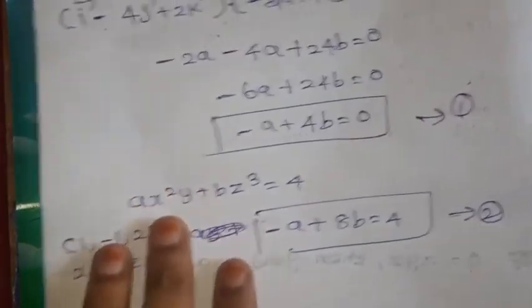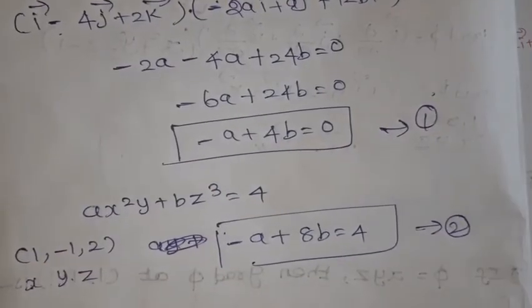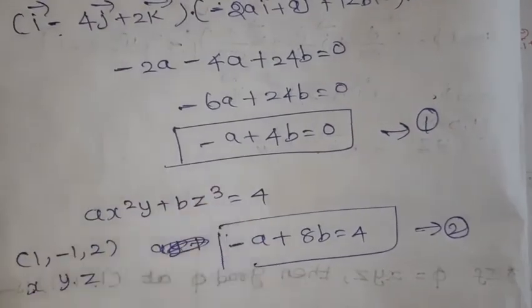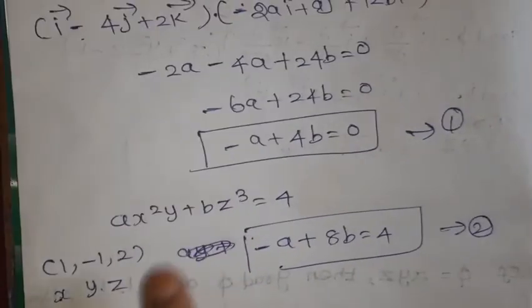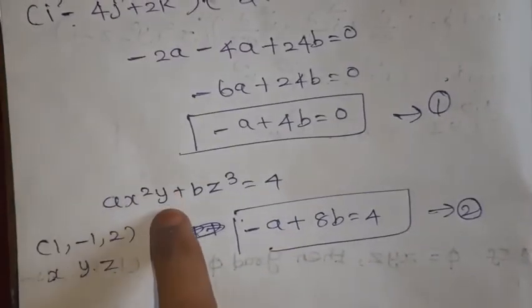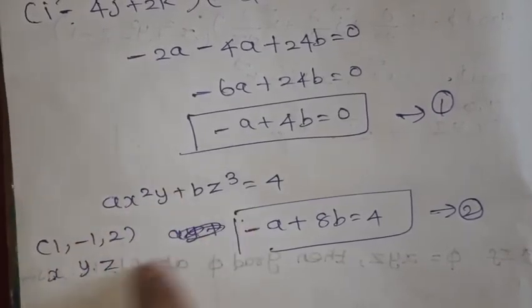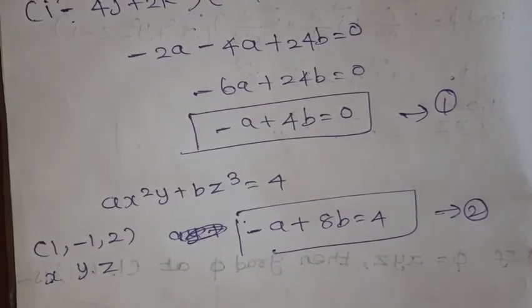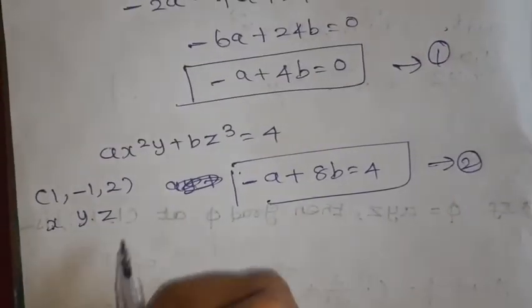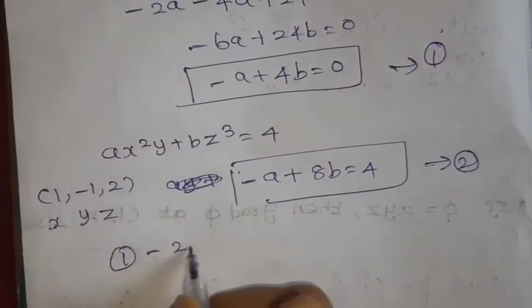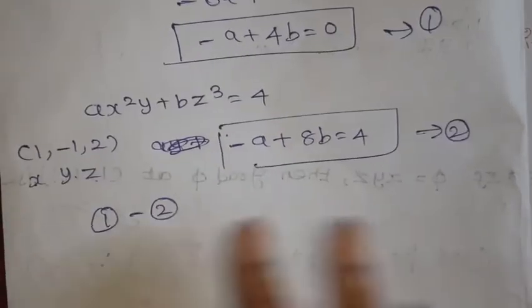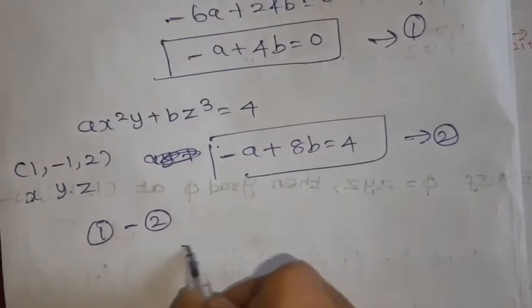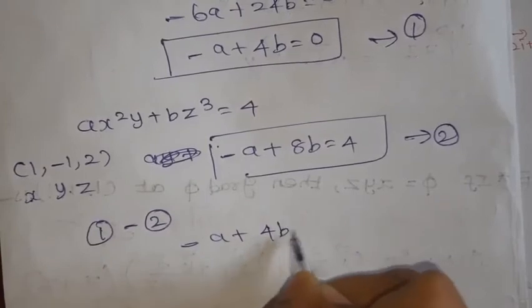To find these two constants, we have one more equation. For that only we took this equation, substituted the x, y, z point, and got the second equation. By solving, subtracting equation 2 from equation 1: minus a plus 4b equal to 0.